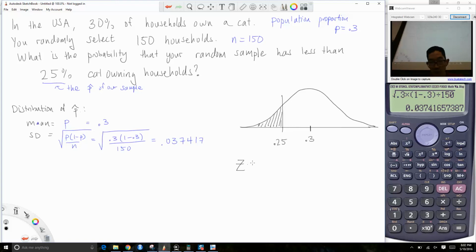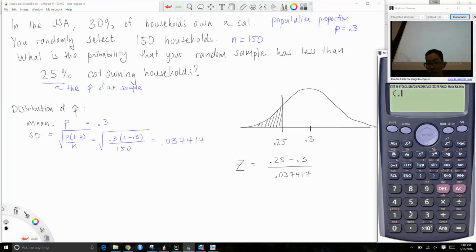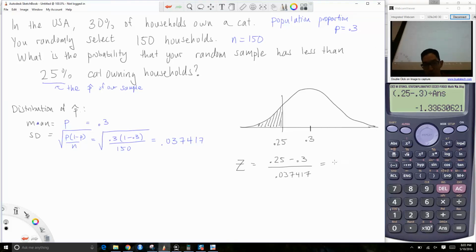My z-score is going to be 0.25 minus 0.3 divided by our standard deviation, 0.037417, or whatever that is. So I do 0.25 minus 0.3, close off the parentheses, and divide by the answer. Okay, and by coincidence I get negative 1.336, which is very close to what we had last time. I'm going to round off to negative 1.34, okay?